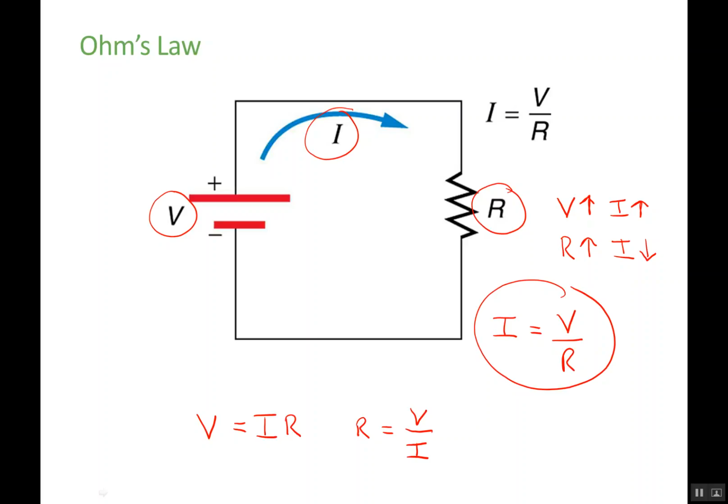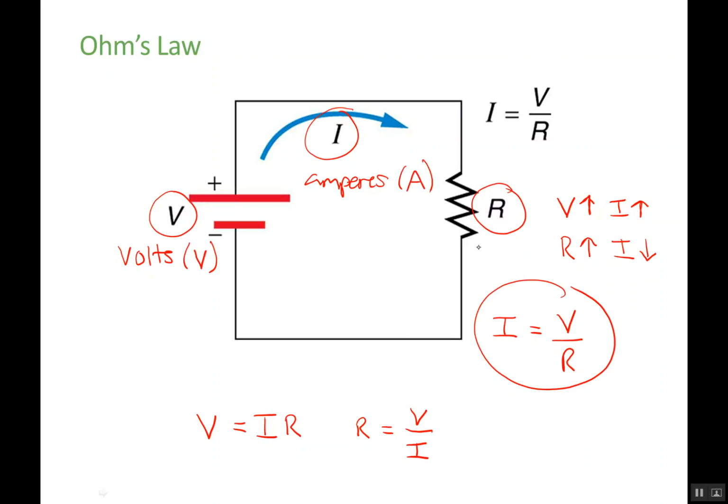Okay, a little note on units. The units of voltage are volts, and we use the symbol V to represent that unit. Current has units of amperes, and we use the symbol capital A to represent that.